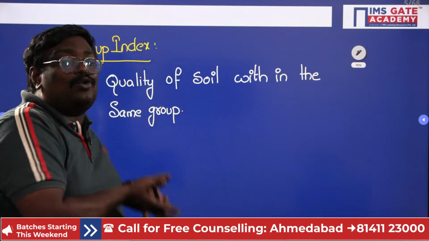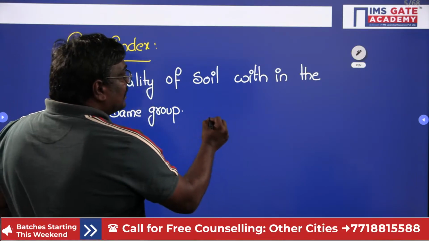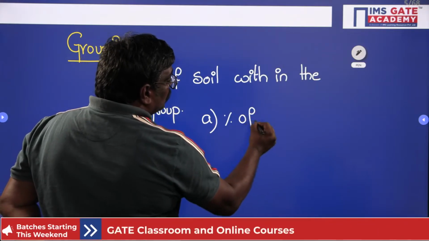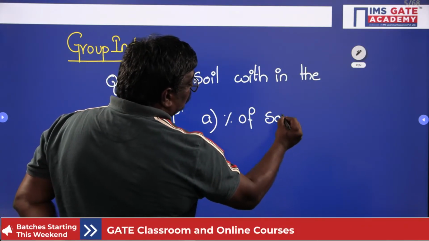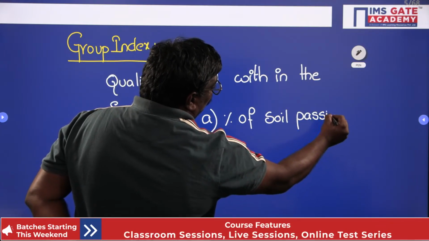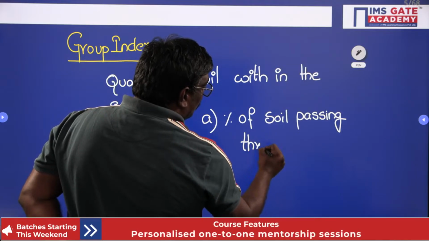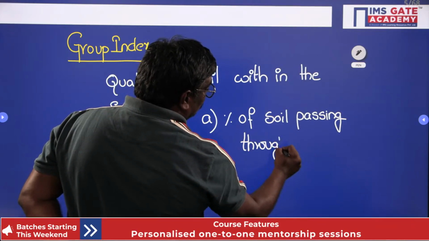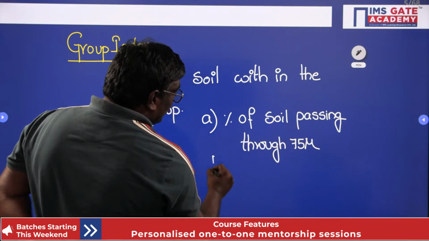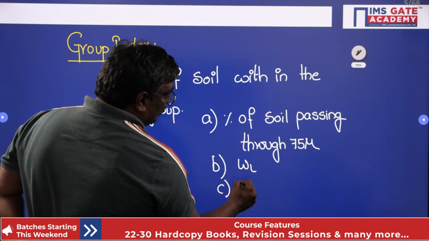It is based on the percentage of soil passing through 75 micron, and also the liquid limit, WL we call, and also the plastic limit.